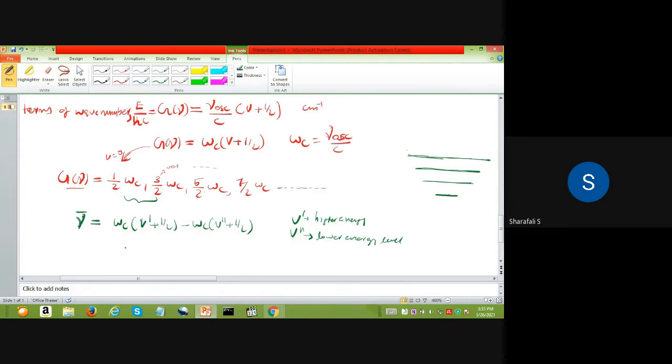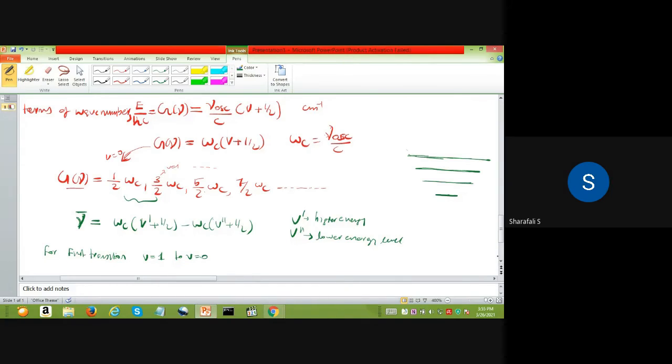And in that case, if you take these two, then you substitute this V dash, for example, in the first transition, that is from the higher of these two, V equal to 1 to V equal to 0.